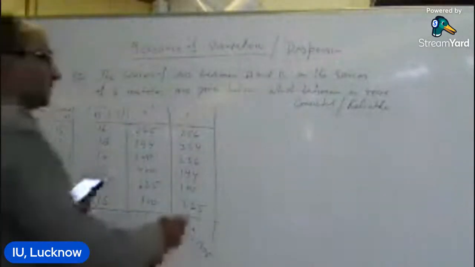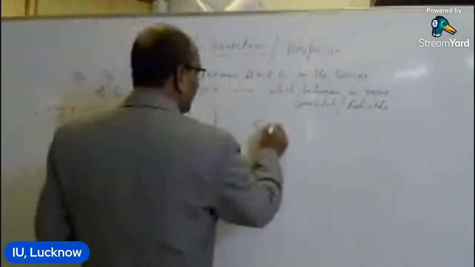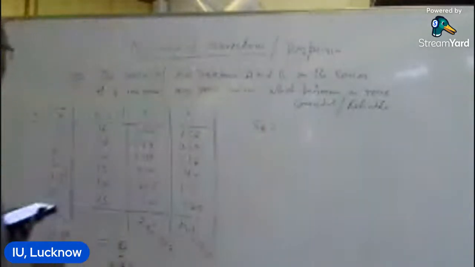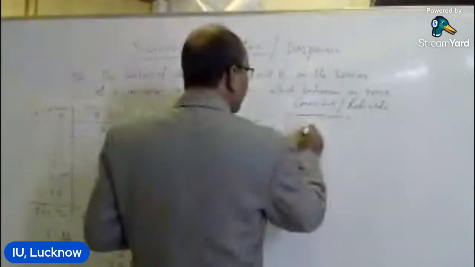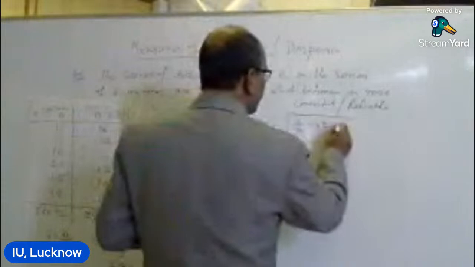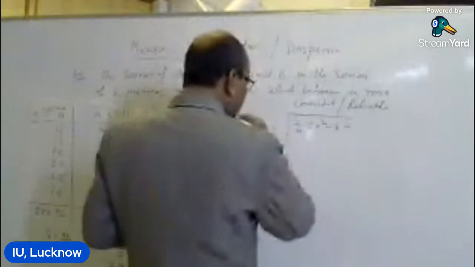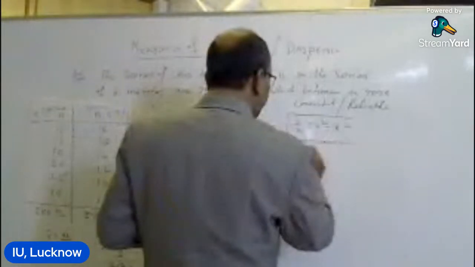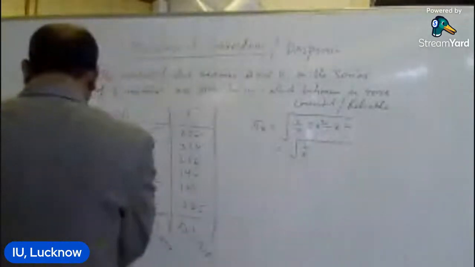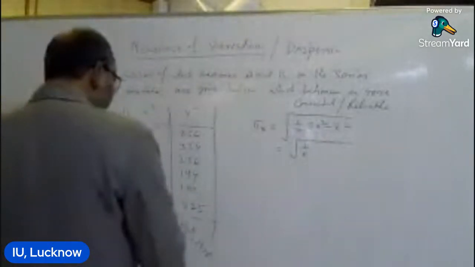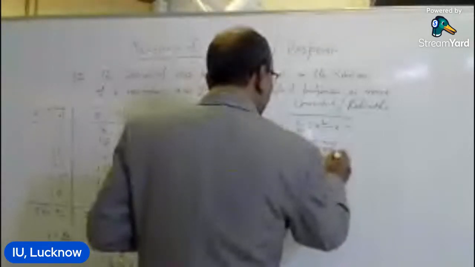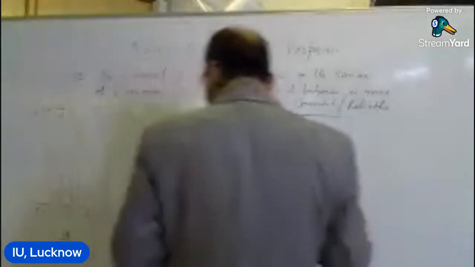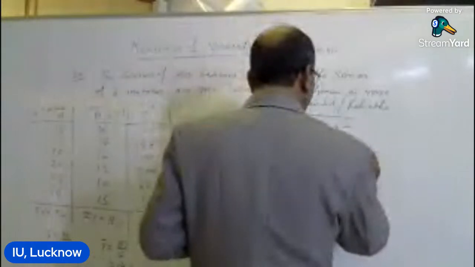So the standard deviation of x means the standard deviation of batsman A, and this is the square root of 1 upon n summation x square minus x bar square, and this is 1 upon 6 summation x square, which is 1594, minus x bar square. X bar square is 15.33 square.